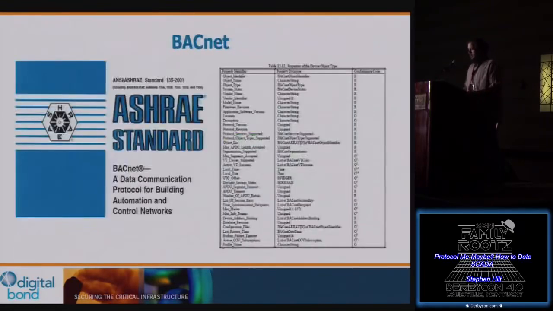This is one of the ones that we just had the standard, so we can reverse it based off the table that's actually pulled from the standard is all the properties of the device object type. So there's actually information, all that information you can query. So we went through that and decided which ones we found the most interesting to pull, but you can pull all that if the device supports it.